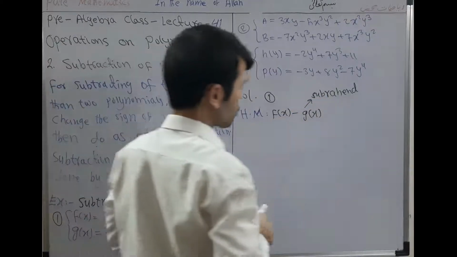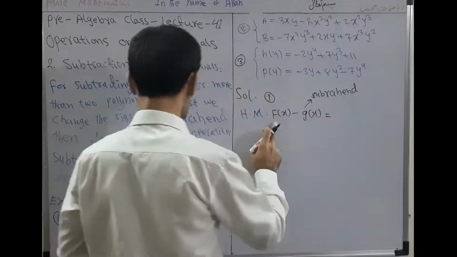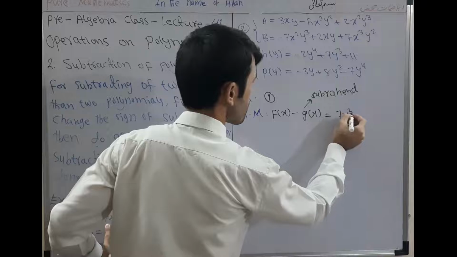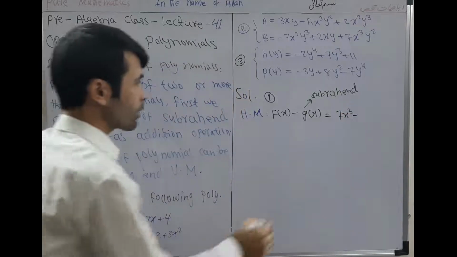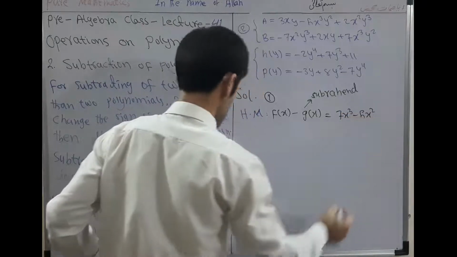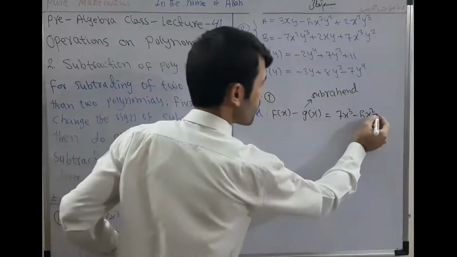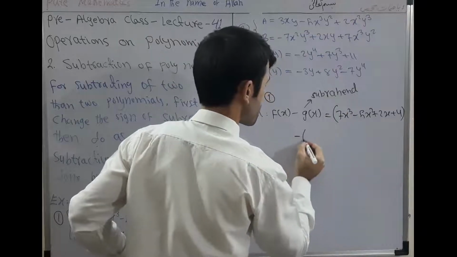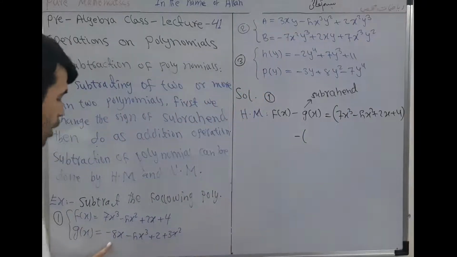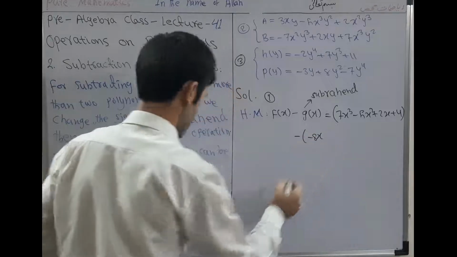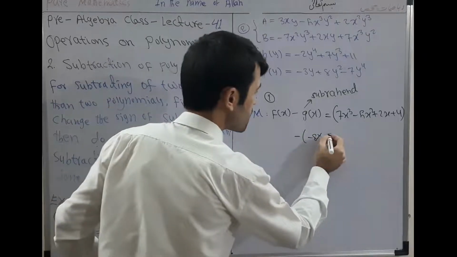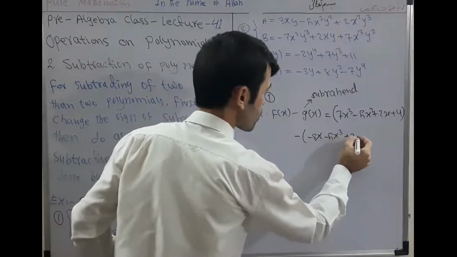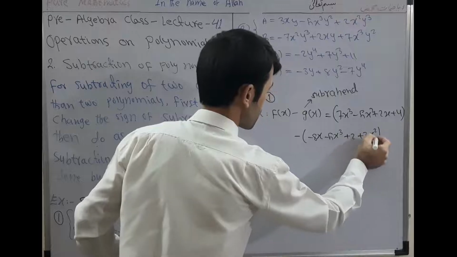Now it is equal to f of x, 7x cubed minus 5x squared plus 2x plus 4, minus g of x, minus 8x minus 5x cubed plus 2 plus 3x squared.